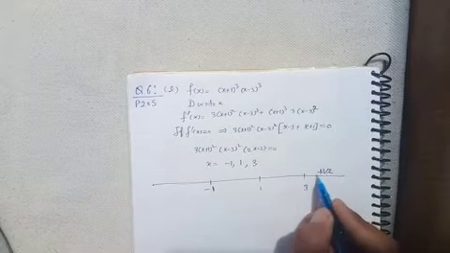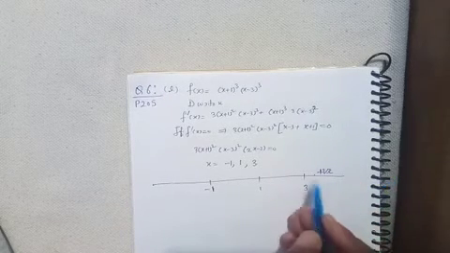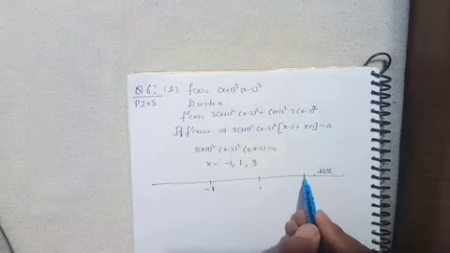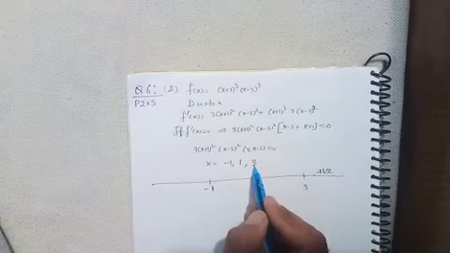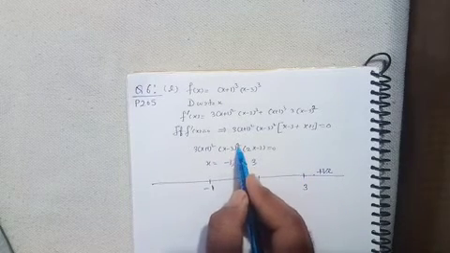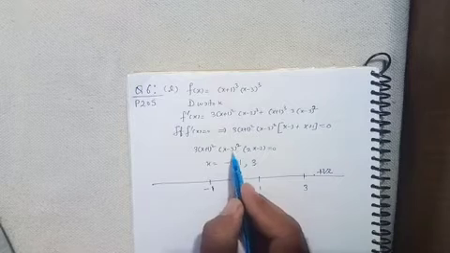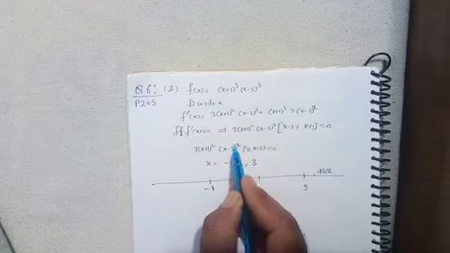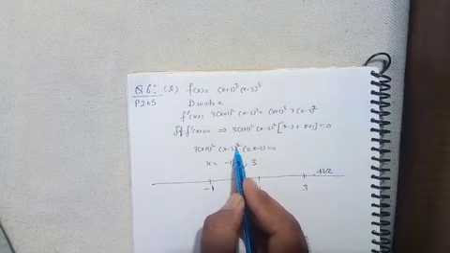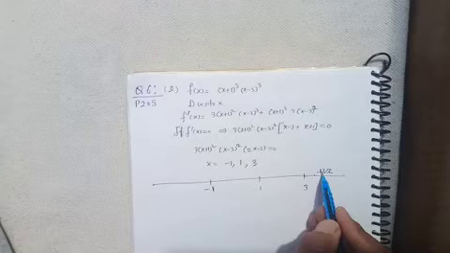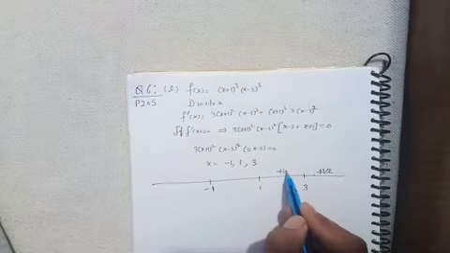Second, the extreme right interval is positive if we are crossing 3. Number 3 is obtained by putting x minus 3 whole square equal to 0. Its exponent is an even number. In case of even number, we will not change the sign. This is positive, we will continue the same sign.